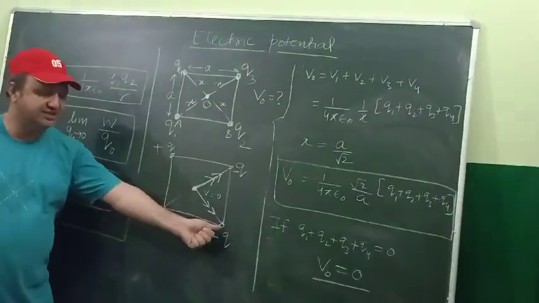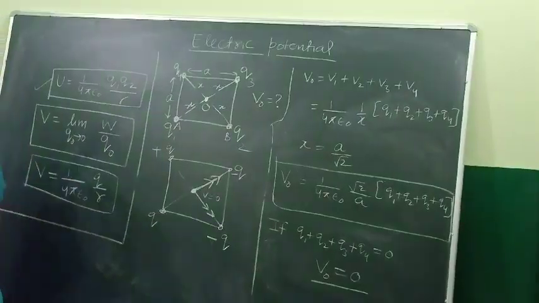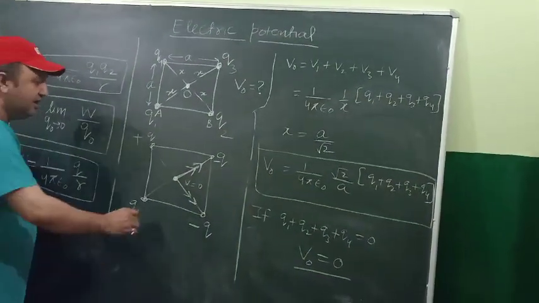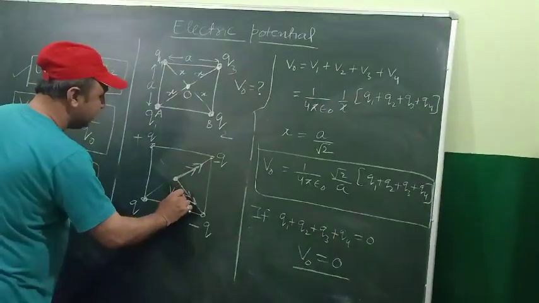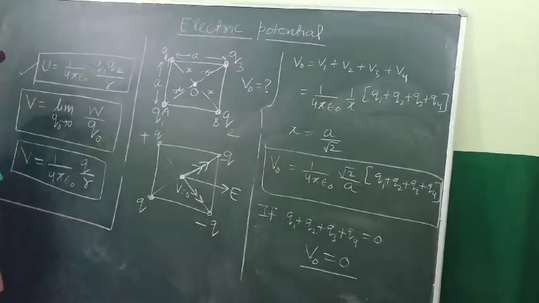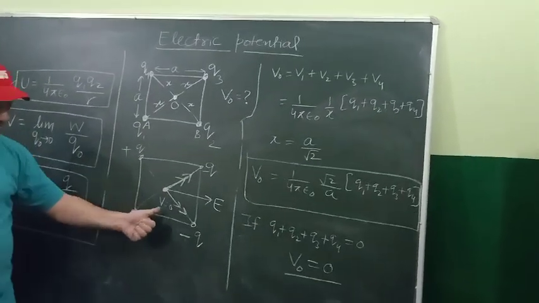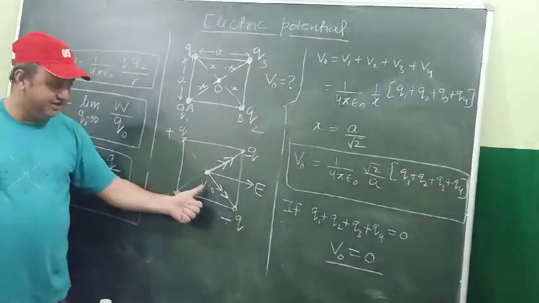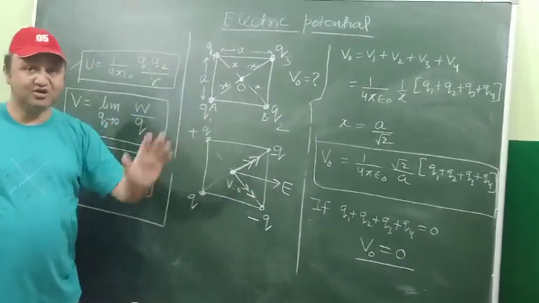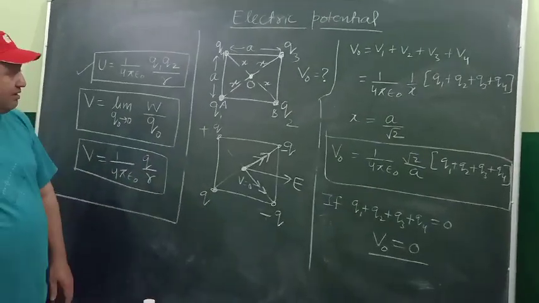So we have two fields acting this way, two fields acting that way, and because of the symmetry of the problem, the overall electric field will be in this direction. It means this is a point with a special feature: over here V is 0, but E is not 0.